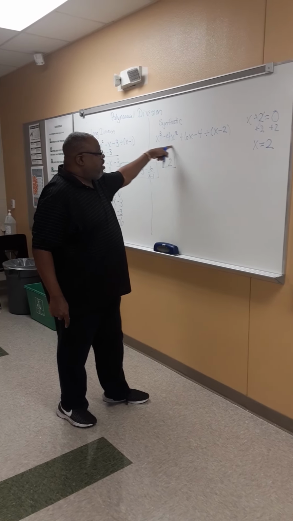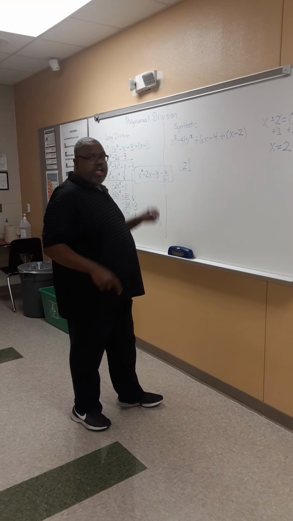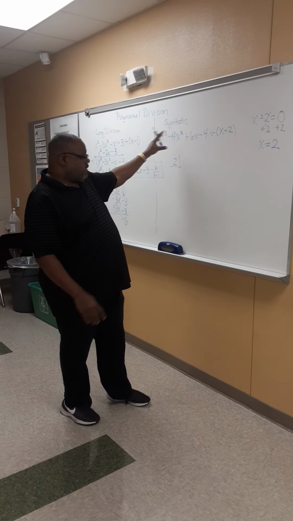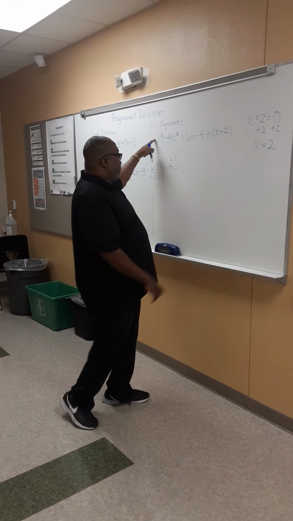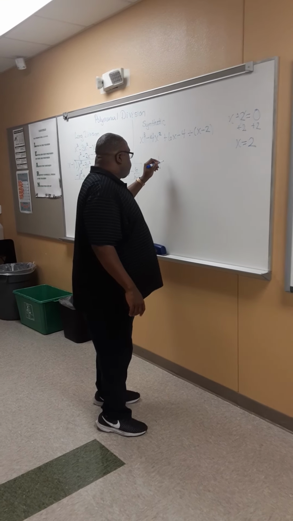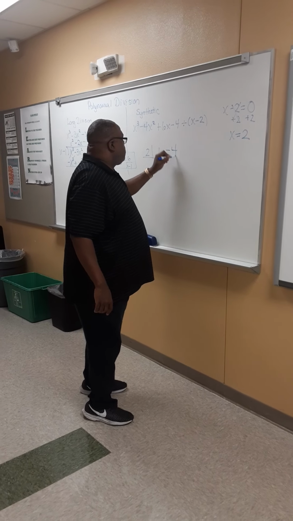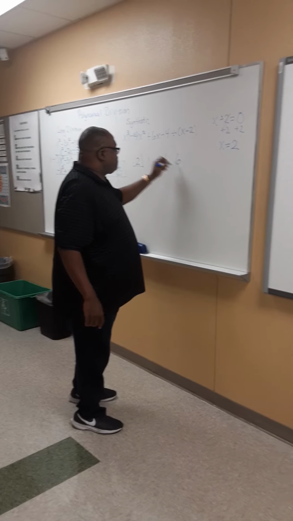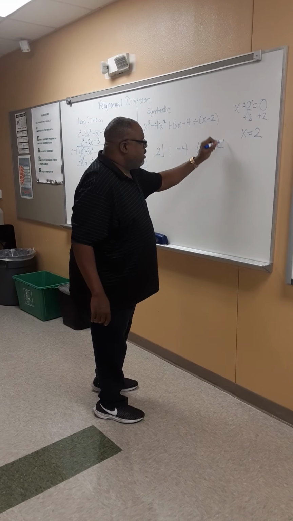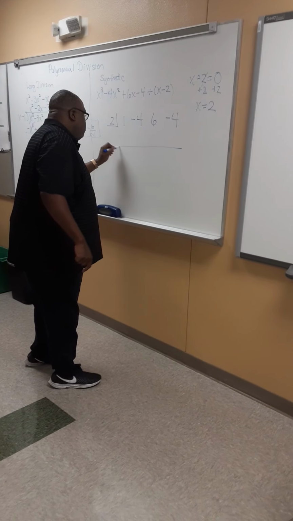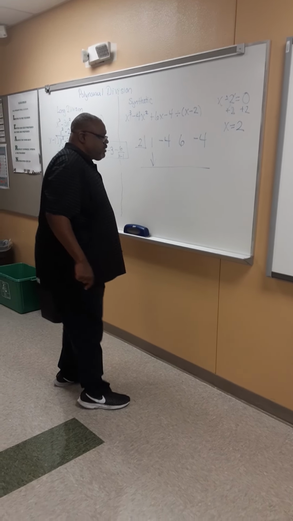Now from the polynomial, I'm only going to use the coefficients of the polynomial. X, stay out of it. So I'm going to take the x cubed term, which is 1, the x squared term, which is negative 4, the x term, which is 6, and the plain number term, which is 4, and I'm going to go through the division process.